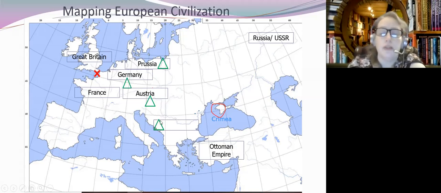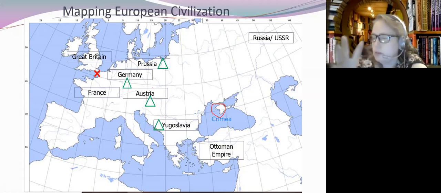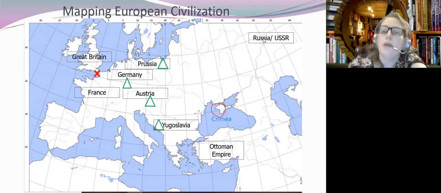Now on the map after World War I, you're going to have this lovely little square down here. This is Yugoslavia, and Yugoslavia is going to be a key place. Now I'm going to move over here for a second. The Ottoman Empire. This is the only empire that I'm marking as an empire with the explosion marker on your maps. Now Russia and the Soviet Union are both possibilities on the map.